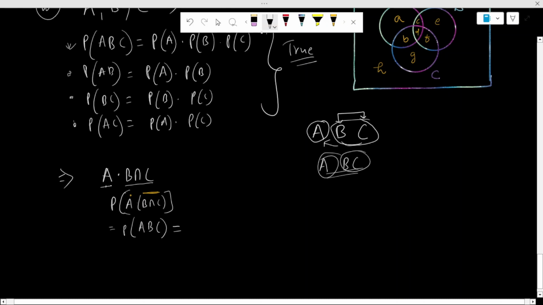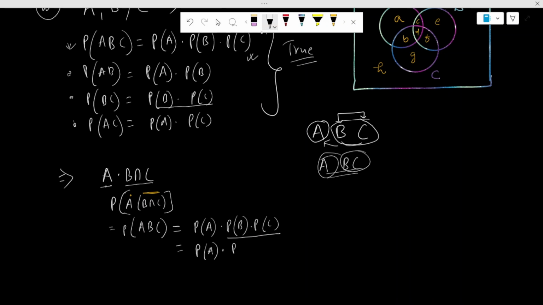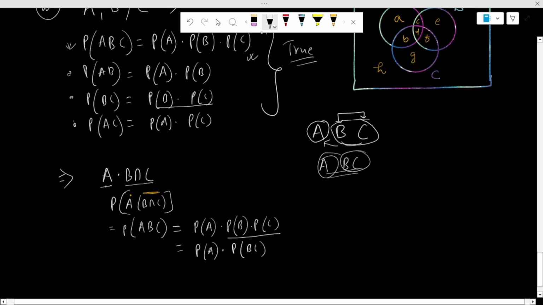So we know the events A, B, and C are independent. It can be expressed as probability of A times probability of B times probability of C, using this first property. According to our need, let us use probability of B times probability of C as probability of BC. So probability of A times probability of BC.